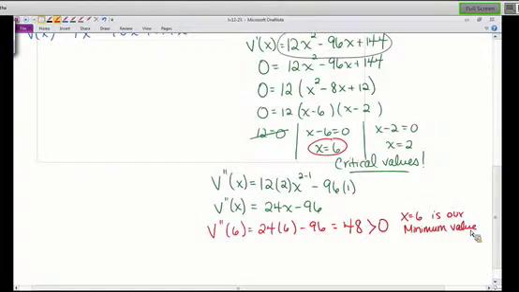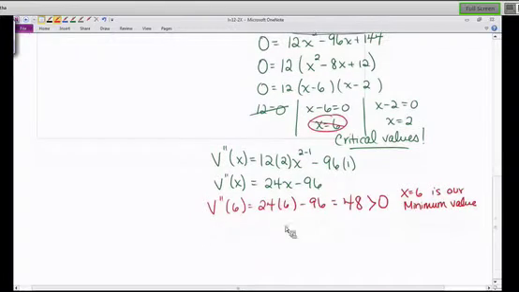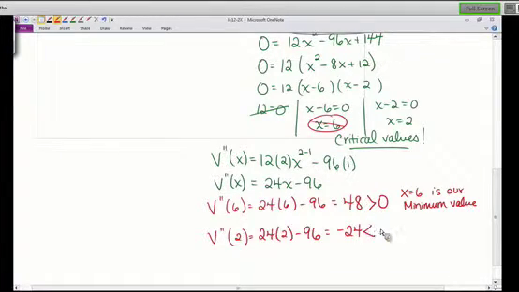Now the problem does not ask us for a minimum. The problem is asking us for a max. So x is equal to 6 is not going to give us our maximum value. So what we want to do is test to see if 2 will give us our maximum value. So 24 times 2 minus 96, this will give us a negative 24, which is less than 0.